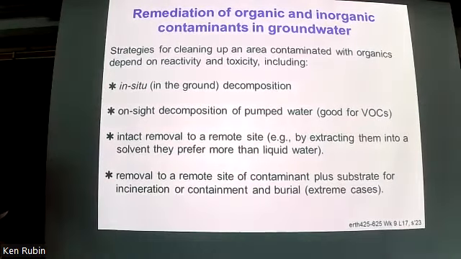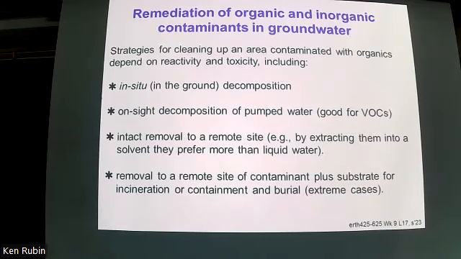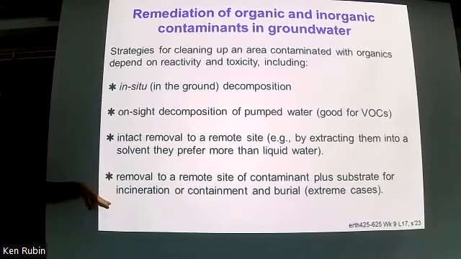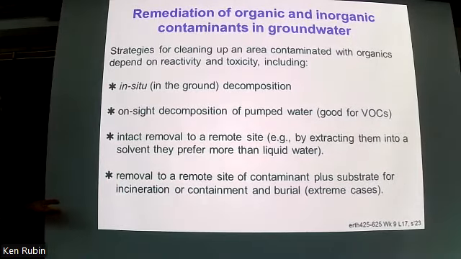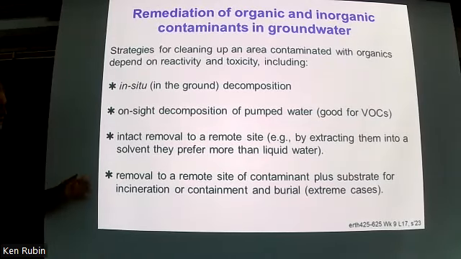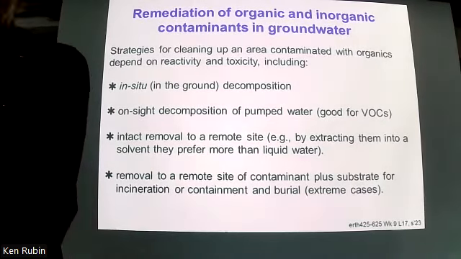Just come in there with a backhoe and dig stuff out, pull all the contaminated soil and the water out to another place. And this is obviously the most expensive, the most disruptive to the setting. But in extreme cases, this is what needs to be done. And then this stuff will be taken somewhere else and contained and buried, and hopefully it won't migrate.